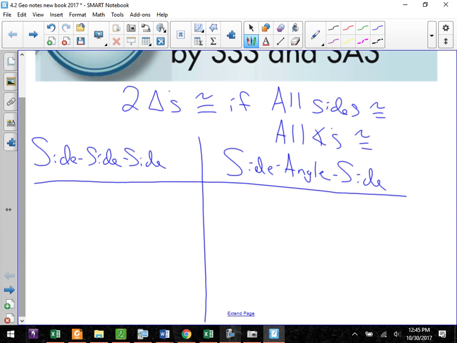And what happens here is, depending upon what thing we wind up with is how we're going to show the triangles are congruent. There's only going to be, I think, 5 total ways that we're going to show triangles congruent. Side, side, side. Side, angle, side. Tomorrow we might get into angle, side, angle, angle, angle, side, and then the last one's called hypotenuse leg.